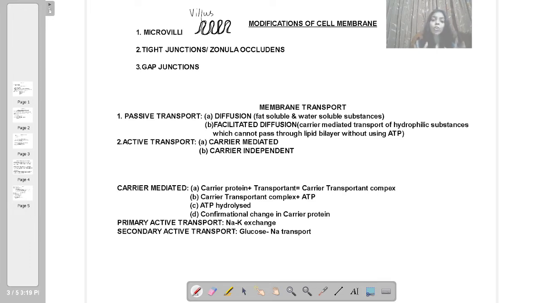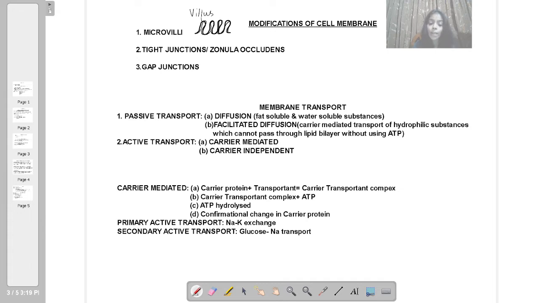So for absorption of these usable metabolites or usable substances, the lining of nephron should have these microvilli. Again, in case of intestine, what happens? The digested food is absorbed from the cells of the intestine to blood. That absorption will also be possible when such villi are there. So basically microvilli, their main function is to facilitate absorption.